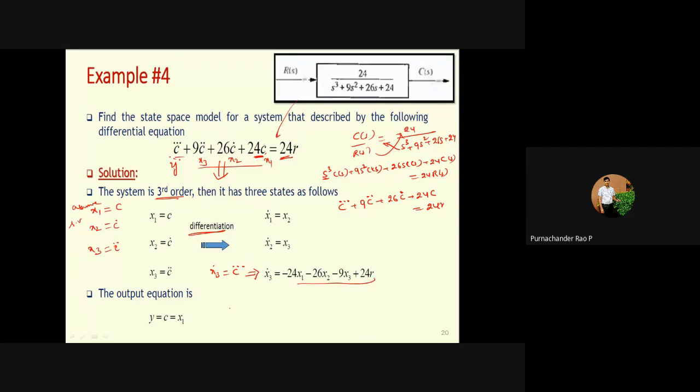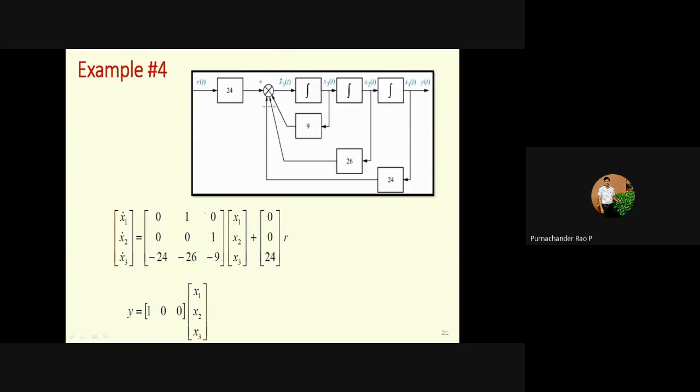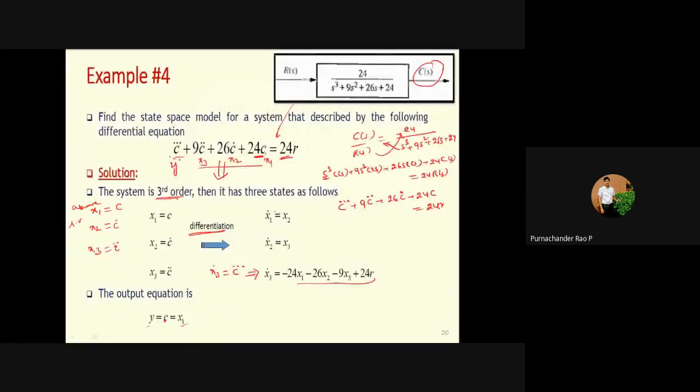Okay, and your output equation: y, the output, is nothing but your c. From your transfer function the output is nothing but c. Therefore y is equal to c, sorry, c is equal to x1. Okay, so you will get the state model as like this, 0 1 0. So here x1 దగ్గర ఏముంది మనకి, x1 dash, x2 dash and x3 dash.